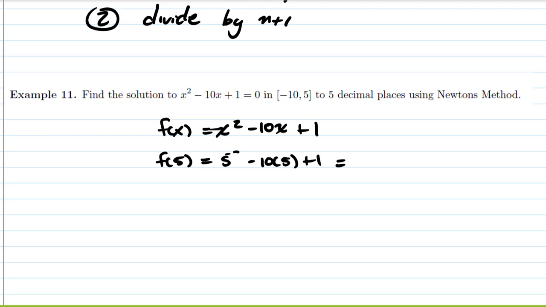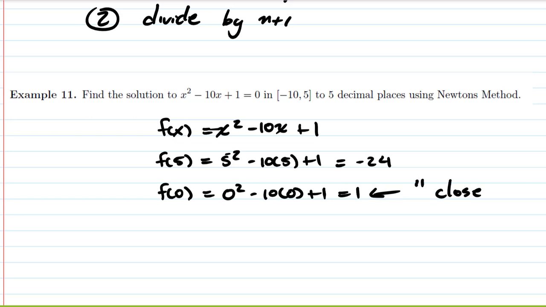That's 25 minus 50 plus 1 gives me negative 24. You're like, that's not very close to 0. But if I just plug in 0 as a guess, we would have 0 squared minus 10 times 0 plus 1 equals 1. And that's going to be close to 0, because 1 is pretty close to 0. So 0 makes sense to be a good guess.